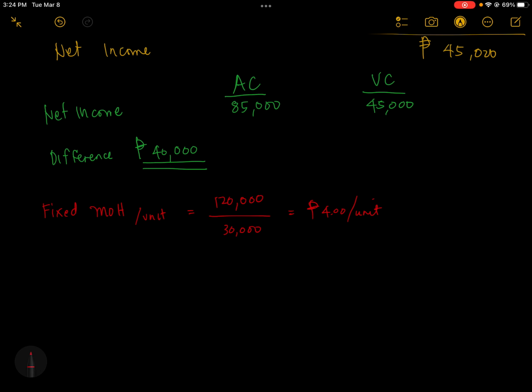Okay? So, the 40,000 here is actually the 4 pesos fixed manufacturing overhead per unit multiplied by the 10,000 units, which is the ending inventory. Okay?